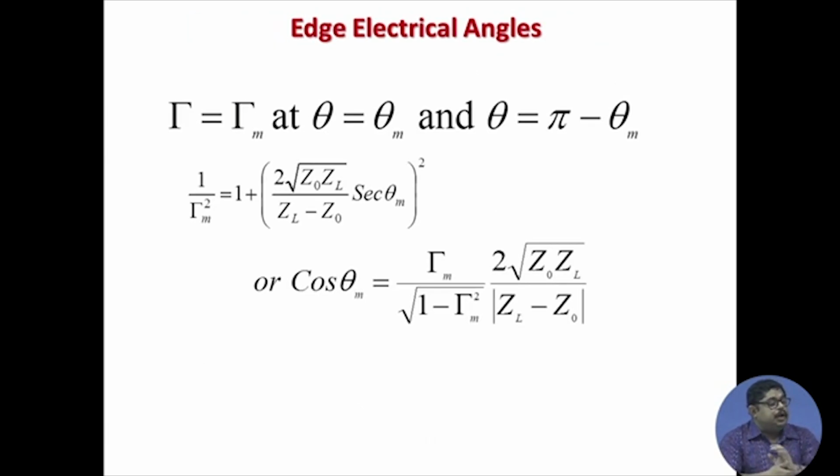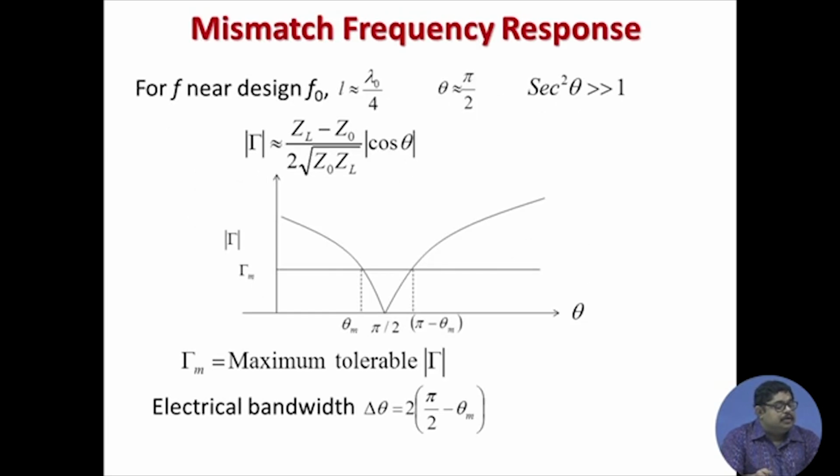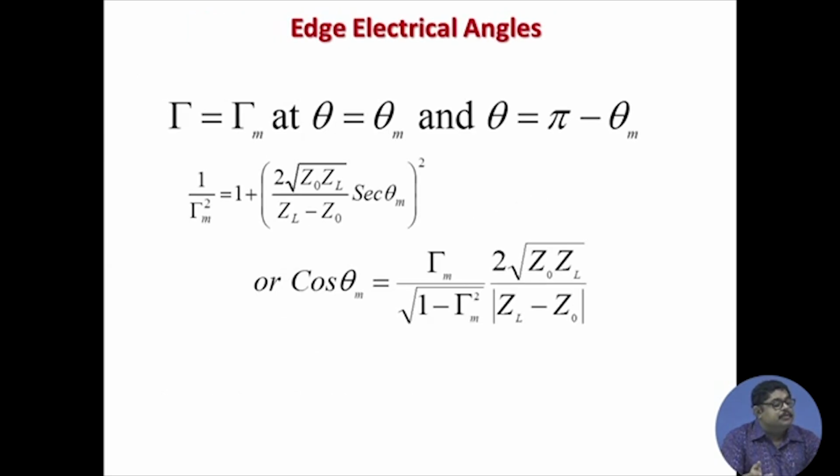Now, at the two edges of that bandwidth, one side is theta m, as we are calling it, and the other is pi minus theta m, obviously because of the cos theta behavior. So, if you put that, you get that value of cos theta m. This is a relation between theta m and the maximum allowable magnitude of the reflection coefficient.